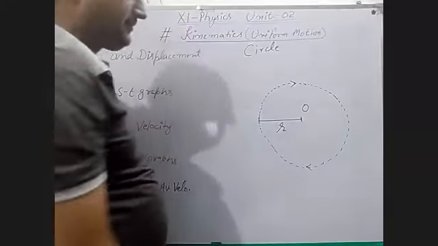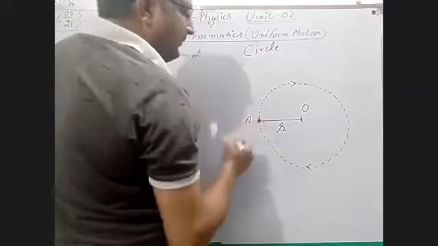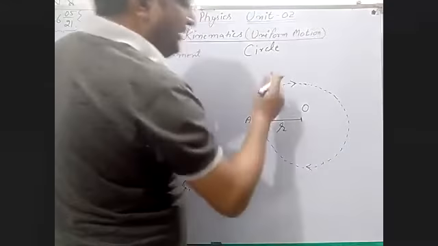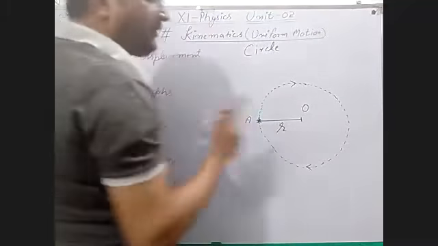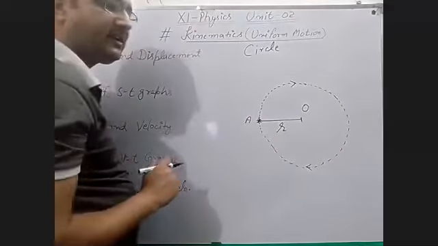Now, if an object is at point A and after completing one revolution, its final position is also again at A.